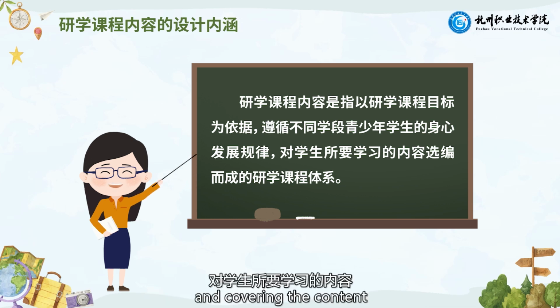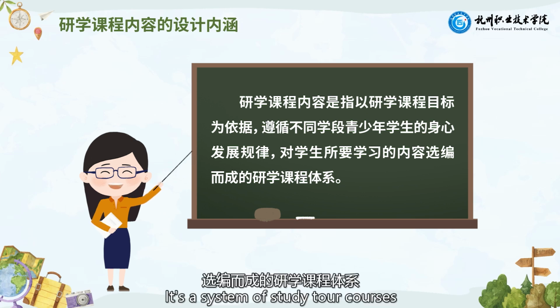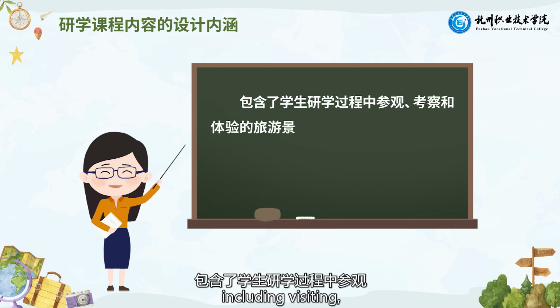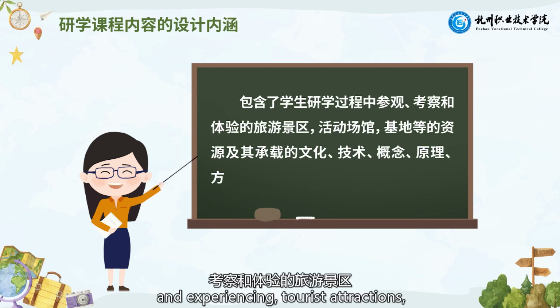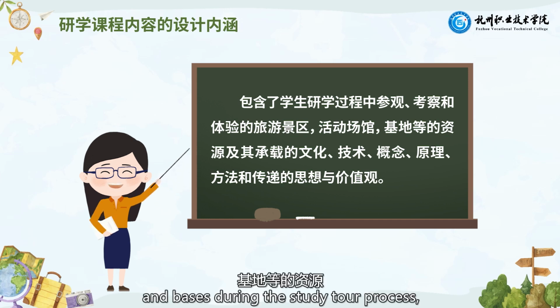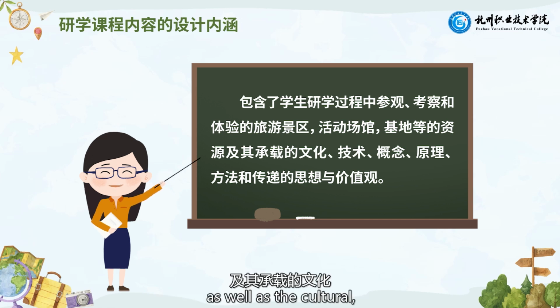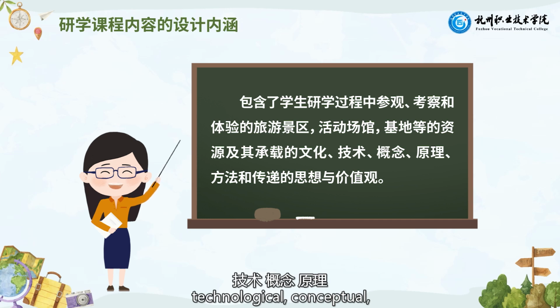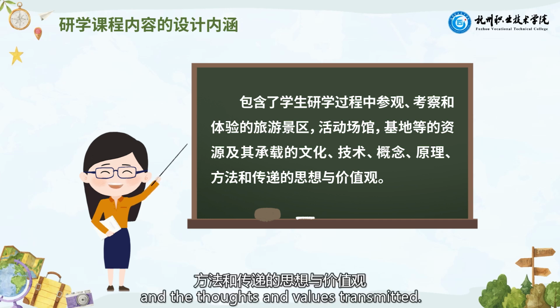It's a system of study tour courses, including visiting, investigating, and experiencing tourist attractions, activity venues, and bases during the study tour process, as well as the cultural, technological, conceptual, and principled aspects, and the thoughts and values transmitted.